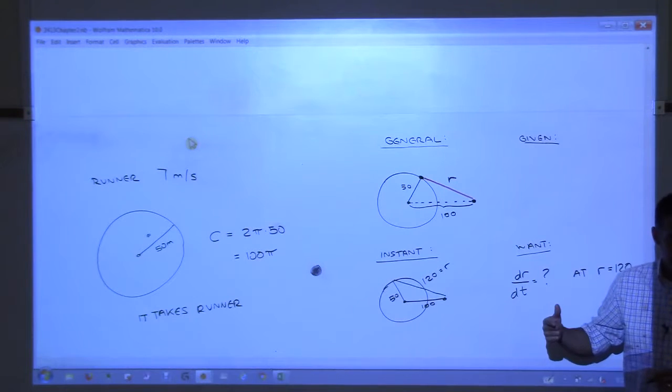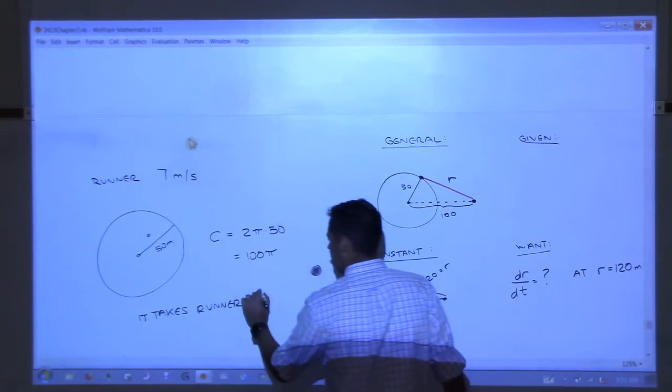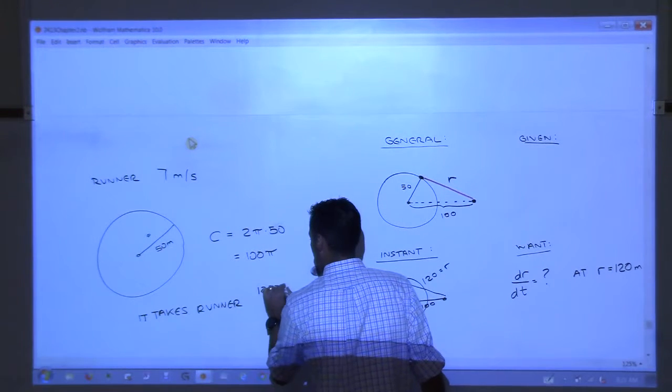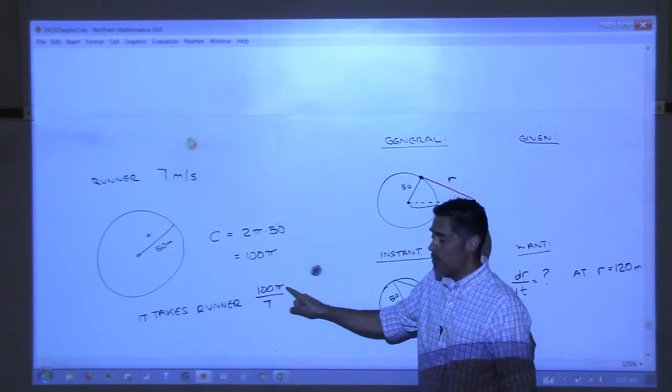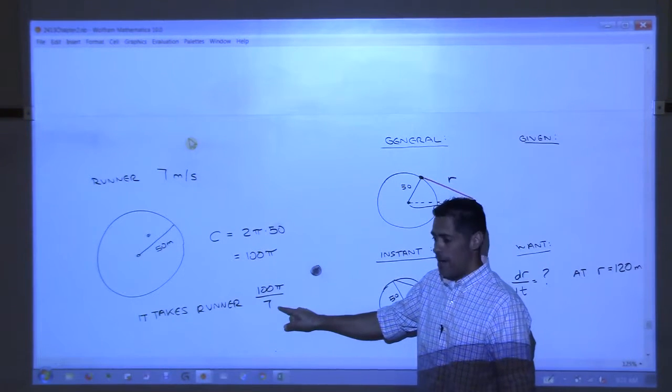What's the calculation I have to do? 100 pi divided by 7, right? 100 pi divided by 7. That is the circumference of the circle divided by the speed, right?